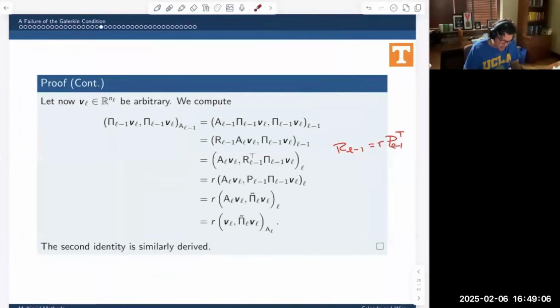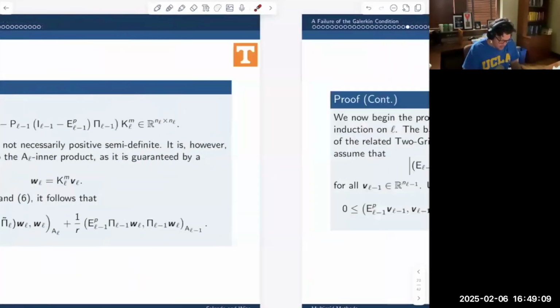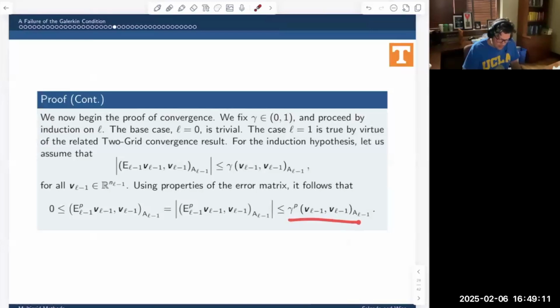Cool. Okay, so that's where we are. So if we assume the induction hypothesis is true, then we can immediately prove that that is greater than 0 and less than, in the upper bound, gamma to the p power VL minus 1, VL minus 1, AL minus 1.